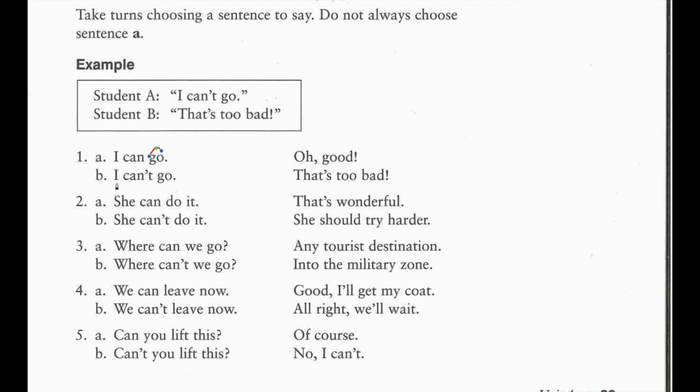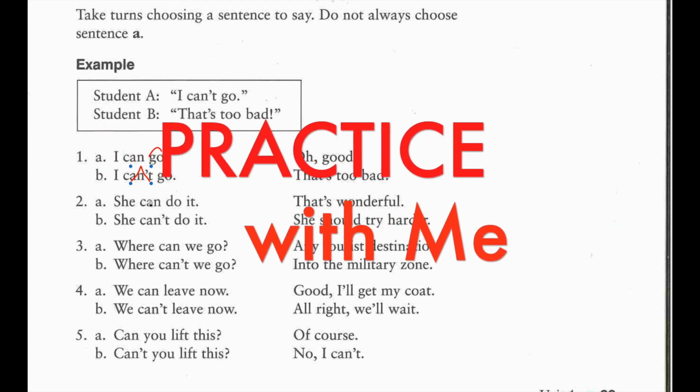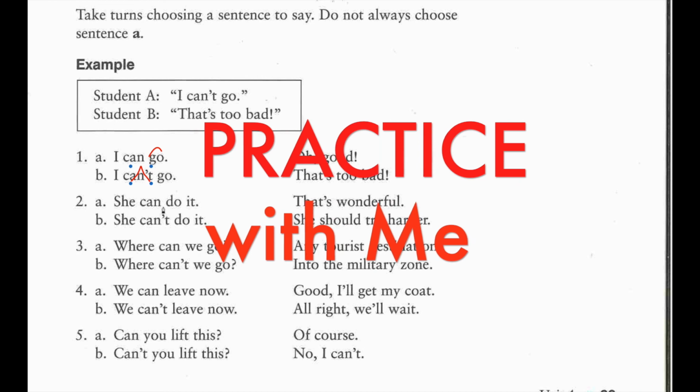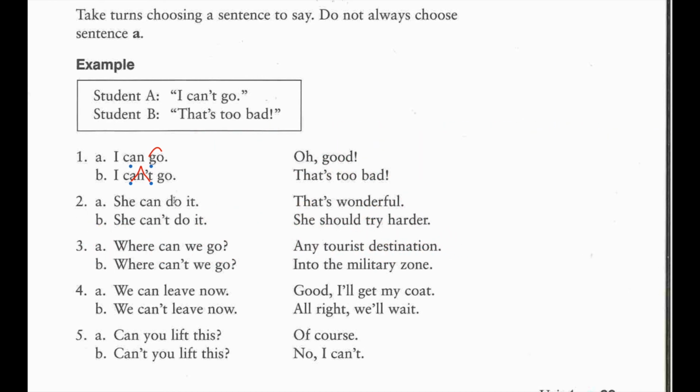But if I said, I can't go, then you would say, that's too bad. So that's how the listening exercise is going to work. But in this short little last part of our demonstration, let's try both examples to make sure we understand how they sound. Okay, so let's start with number two now.